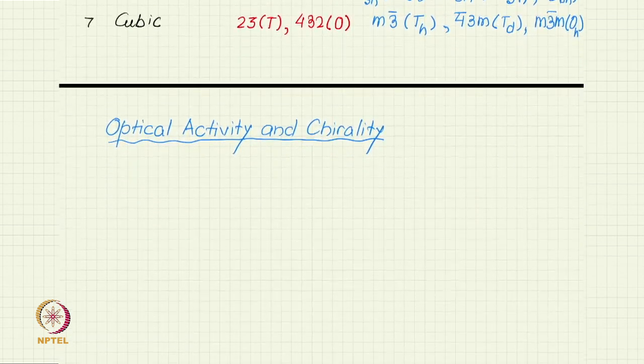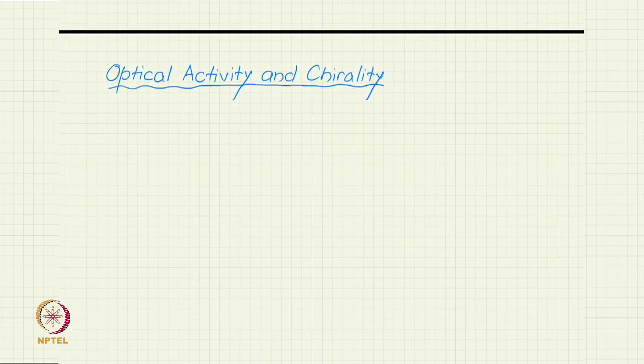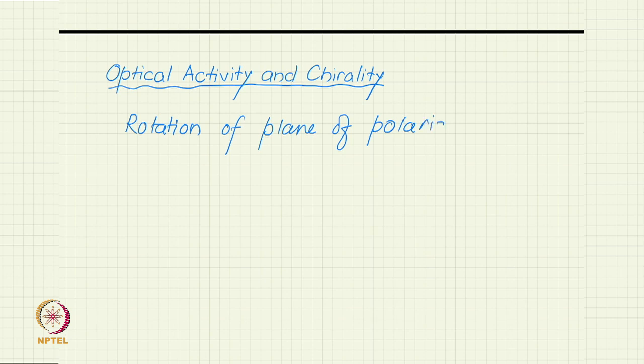Let me end this discussion with an interesting effect which can be shown by chiral molecules, which is optical activity. So, optical activity, as you know, is rotation of plane of polarization of light by a material.